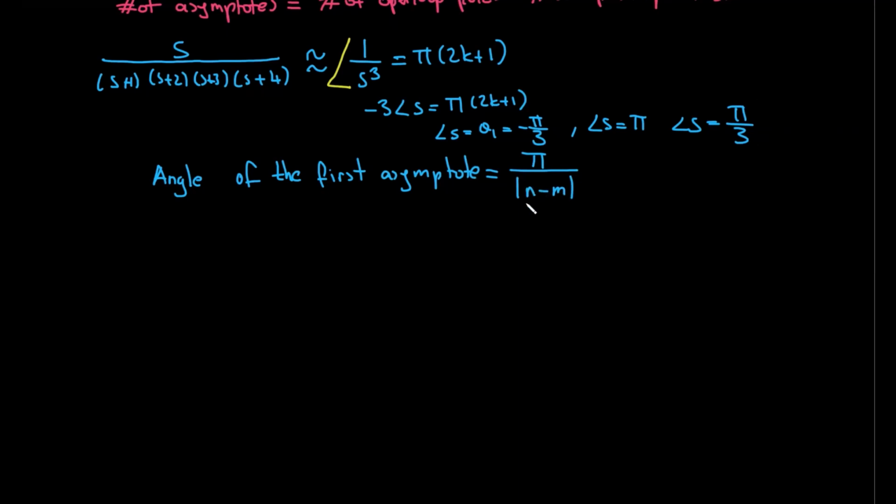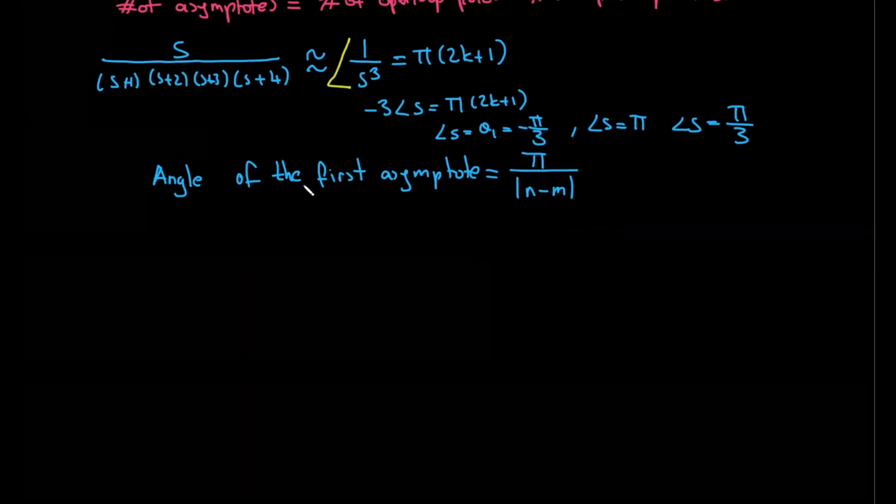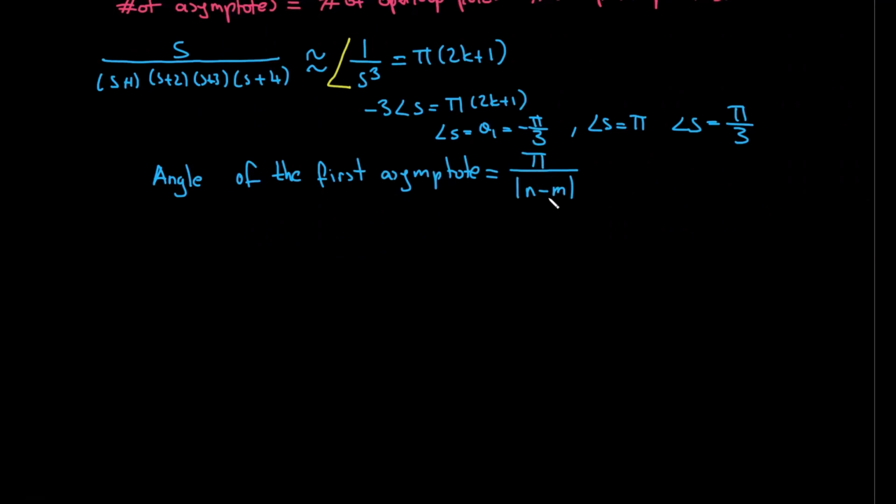And n is the order of the denominator, and m is the order of the numerator. So this was 4 minus 1, which was equal to 3. So the angle of the first asymptote was equal to pi over 3. And what I mean by the first asymptote was the first smallest positive one for the time being, okay?